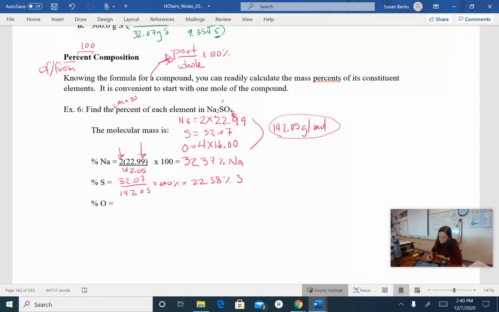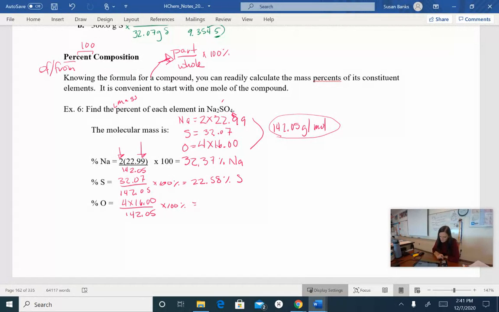And then oxygen, we're going to take our 4 oxygens and divide that by our total mass, 142.05, and multiply that by 100%. So when we take 4 times 16 divided by 142.05 multiplied by 100, we get a mass percent of 45.05% oxygen.